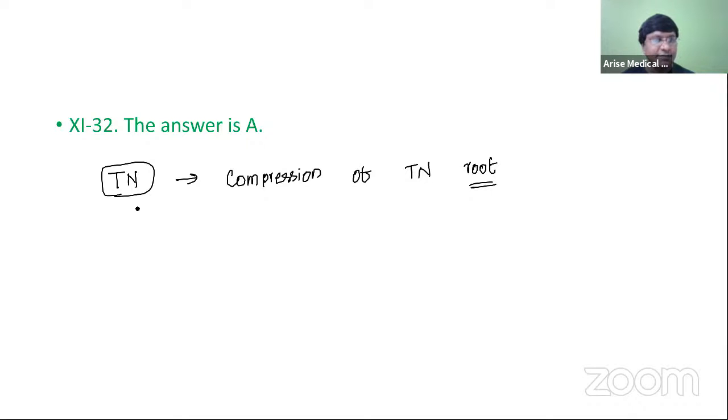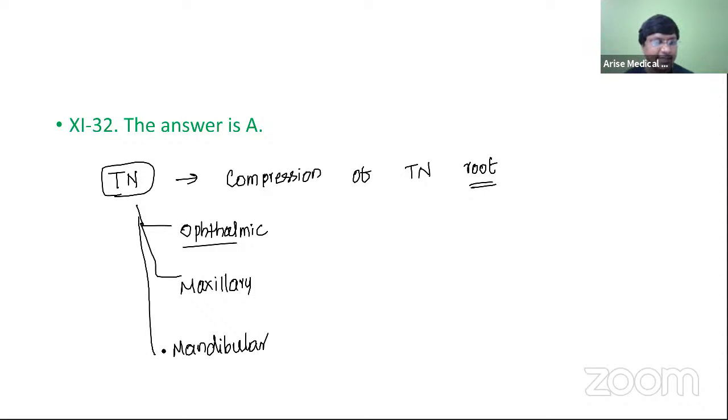This trigeminal nerve has three branches: ophthalmic, maxillary, and mandibular. Now, the point here is that the maximum clinical features of trigeminal neuralgia are present in the maxillary distribution.